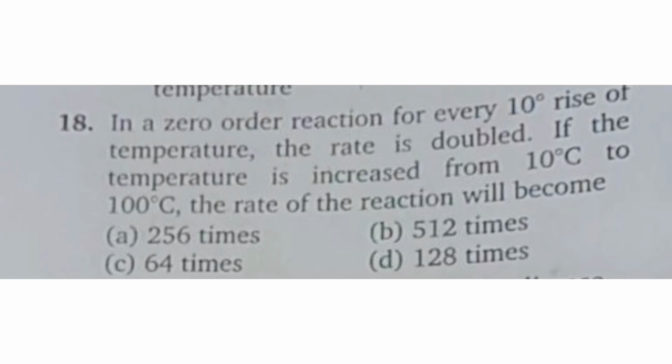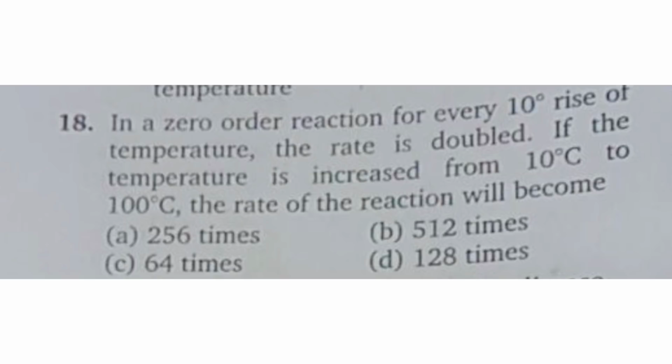In a zero order reaction, for every 10 degree rise of temperature, the rate is doubled. If the temperature is increased from 10 degrees Celsius to 100 degrees Celsius, the rate of reaction will become. The options are 256 times, 512 times, 64 times, 128 times.